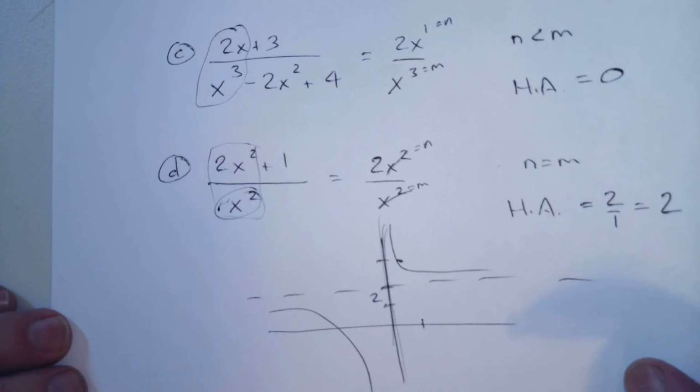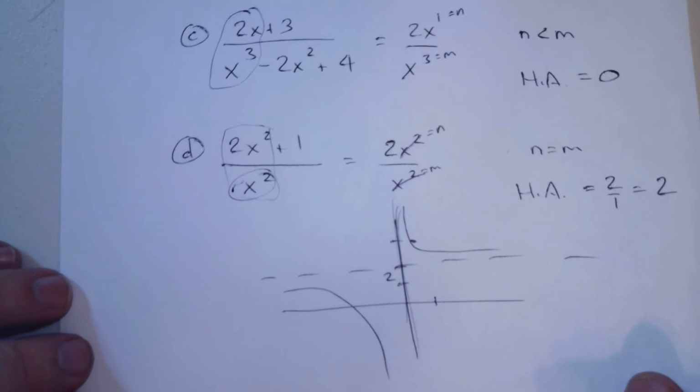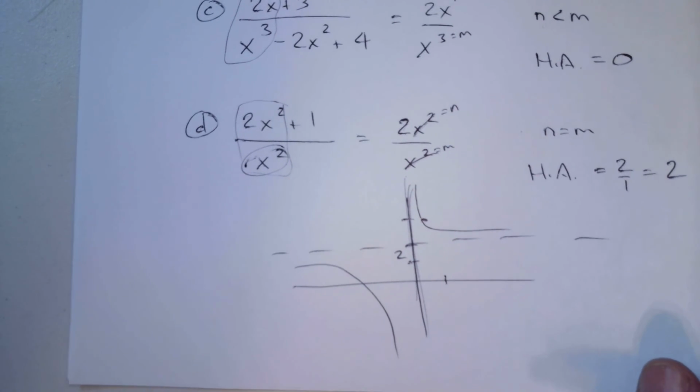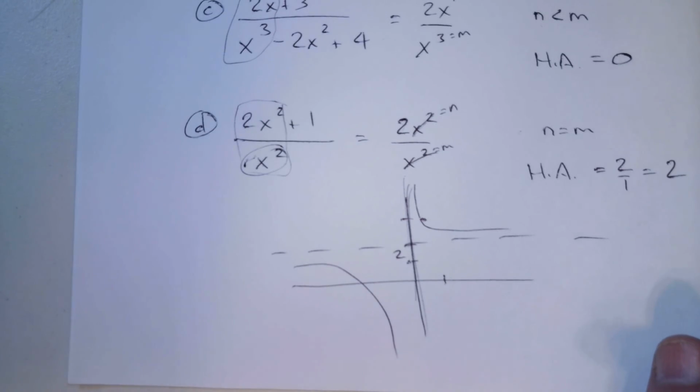So that's pretty much how you look at horizontal and vertical asymptotes. But there is one but.